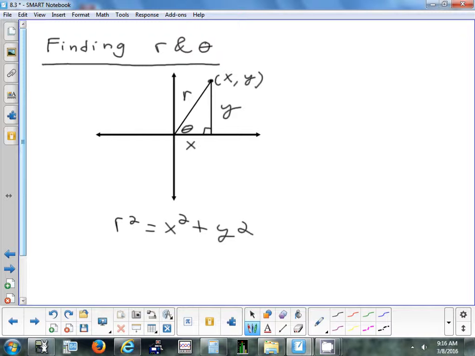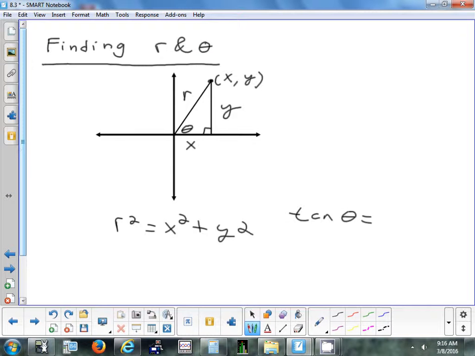And we need to find theta. What trig function would we use to find theta? Keep in mind, we're going to know x and we're going to know y. You don't want to use r to find theta because r is something you're going to calculate. Tangent. I heard somebody say it. What is tangent?